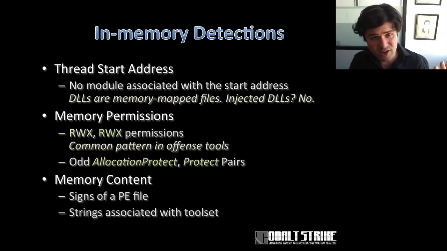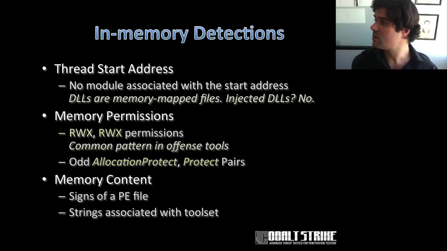And Windows is going to know that that region of memory happens to be a memory mapped file, okay? And if Windows knows, that means an analyst can know, an automated security solution can know as well. And when that program loads libraries, DLLs, for its use, same thing. Those are going to be brought into memory as memory mapped files. So there's going to be pages of memory associated with those DLLs.